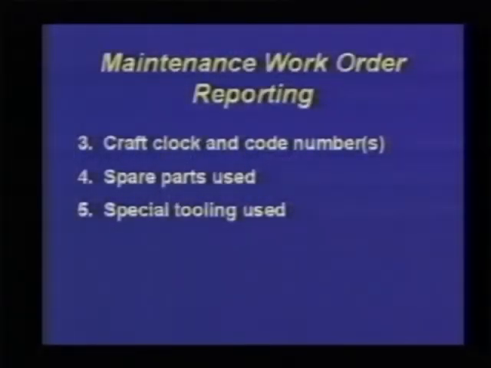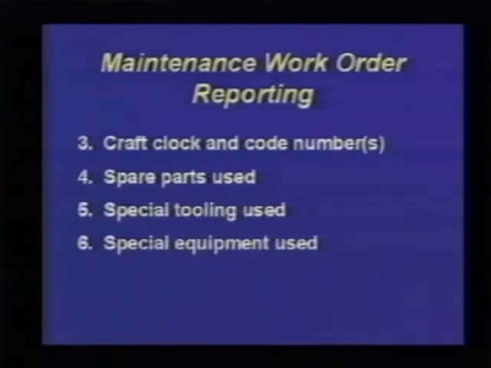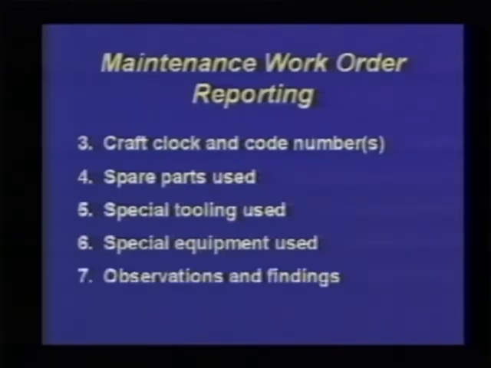Likewise, the tooling issue on step 5 and step 6 is the special equipment. But again, the next step is extremely important, and that is the observations and findings of the individual while he or she is on the job. And then we also want to get that input relative to the recommendations for operating improvement.